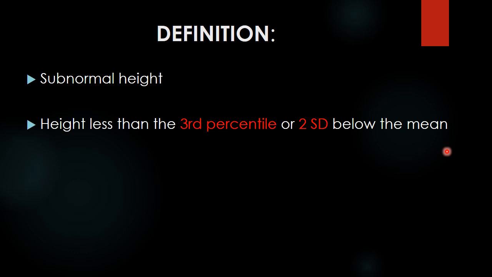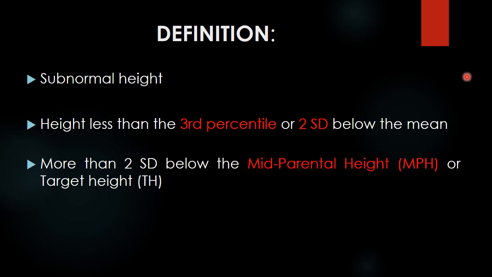Now this is important, that this is in the context of the reference population. For example, reference population of North America would be different from the reference population of, say, Far East Asia. Hence, their centiles and the standard deviation would vary.